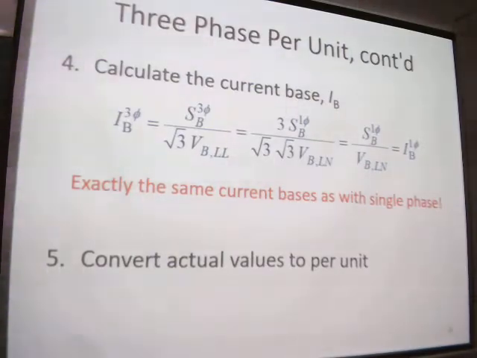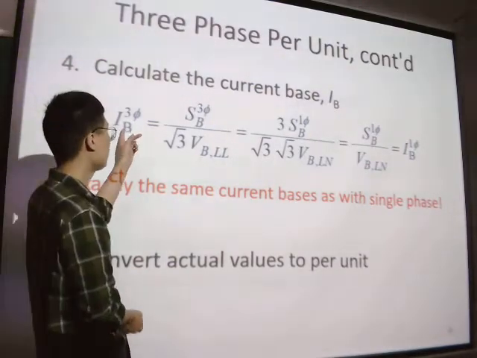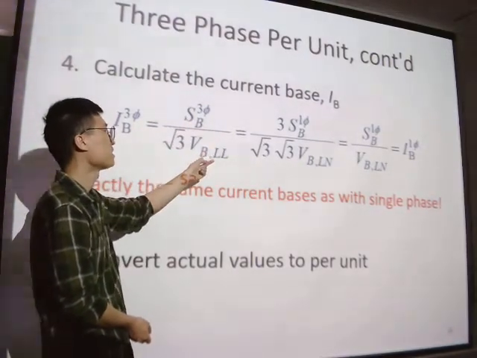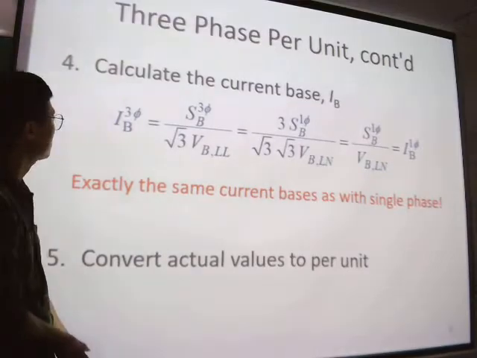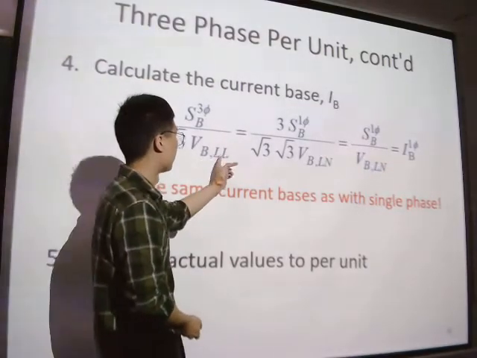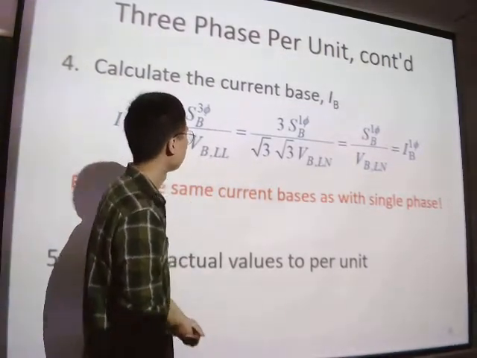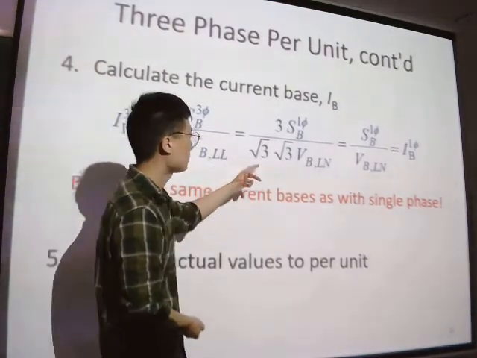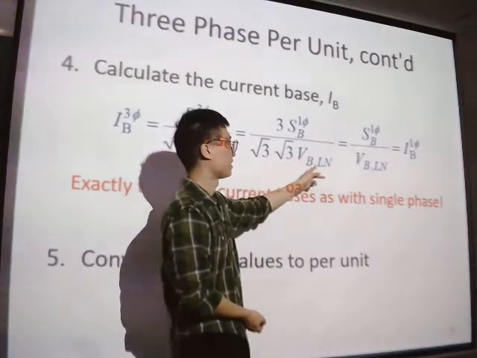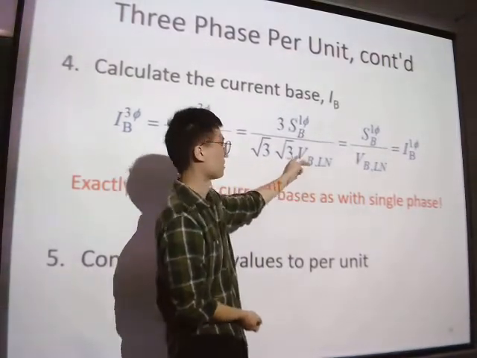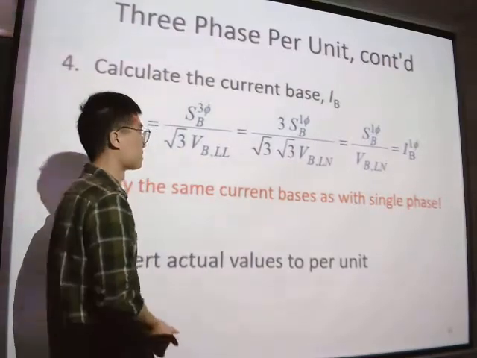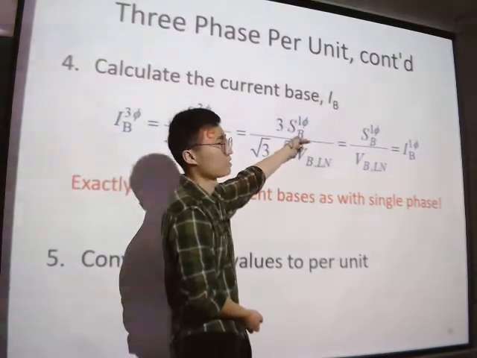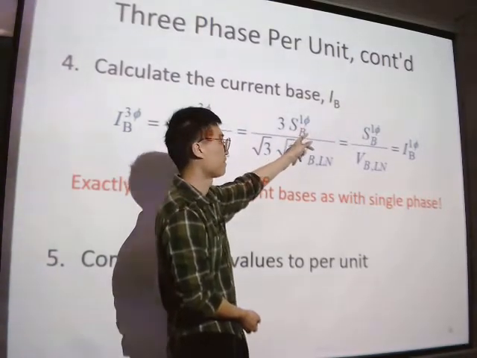So for the current base, the current equals the complex power divided by the voltage. We will convert the line-to-line voltage to the phase voltage, so we will do another square root of 3. And here is 3 times each single-phase complex power.